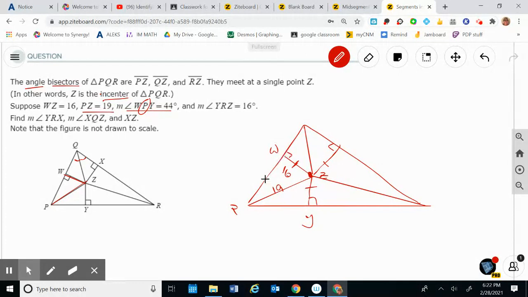WPY, that means the whole measure, not half the measure, the whole thing. The whole measure is 44. I'm going to put it in the middle so we don't think that it's one of the little angles.